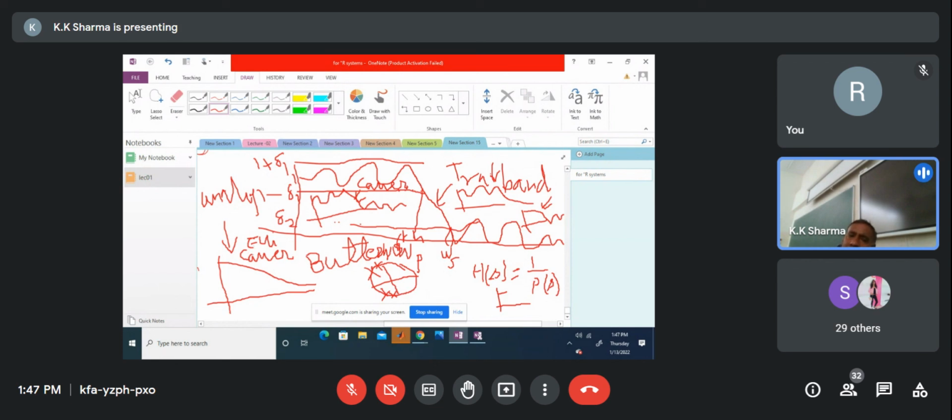What is the disadvantage here? Cauer is having ripples in the pass band as well as stop band. So these ripples are sometimes undesirable or intolerable. So if these ripples are important for you, go for Butterworth filter. Butterworth filter does not have any ripples either in the pass band or stop band.